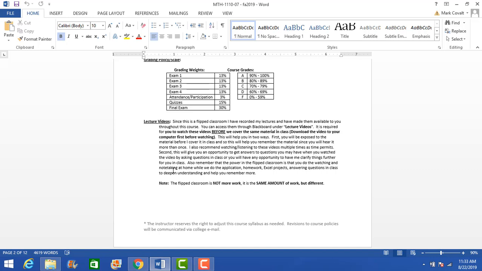That also includes reading the textbook, which is always an expectation: you have the reading material read before you come to class. So if you're supposed to have section 1 read based on the calendar, then that section is read before you get to class that day.